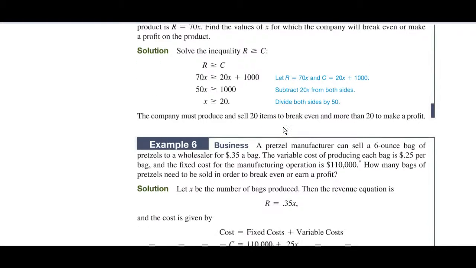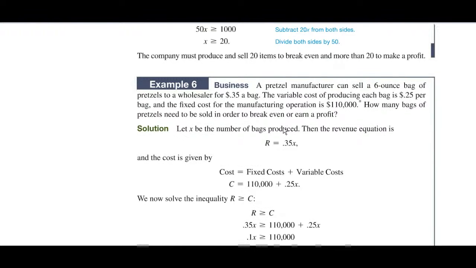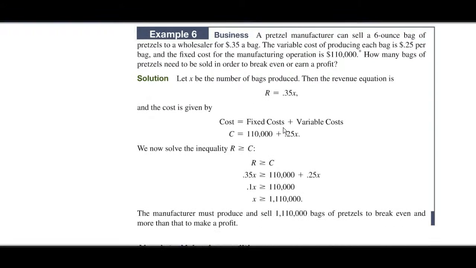All right, example 6 is similar. Let's take a moment to read it. So after reading it, we see it's a very similar problem. Your revenue, when you sell a bag of pretzels, it's 35 cents for each bag. You have cost, which are fixed cost and variable cost.